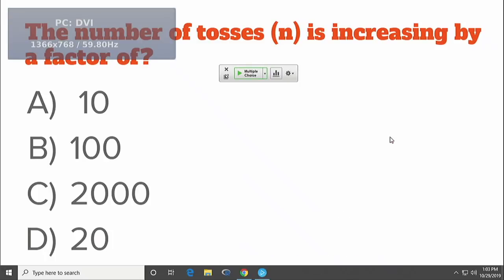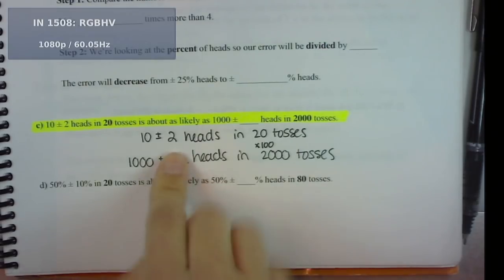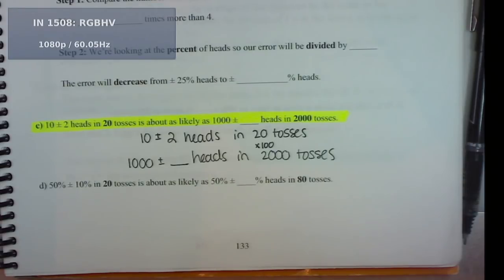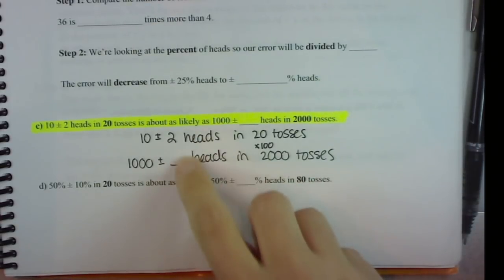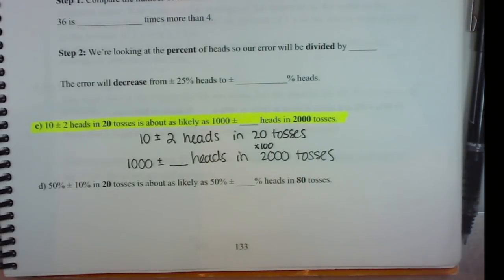So my next question is, all right, part 2. The next question says, this means, so n's going up by 100, what do we do to our original standard error? So I have to do something to the 2. I have to change it, because n is changing. So the question is, do I multiply, do I divide, and by what?